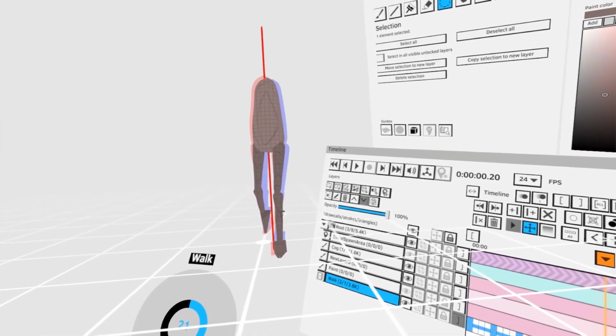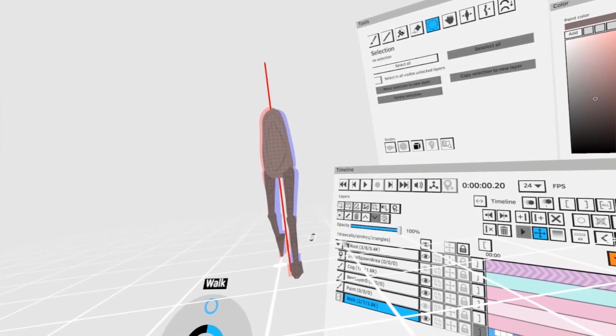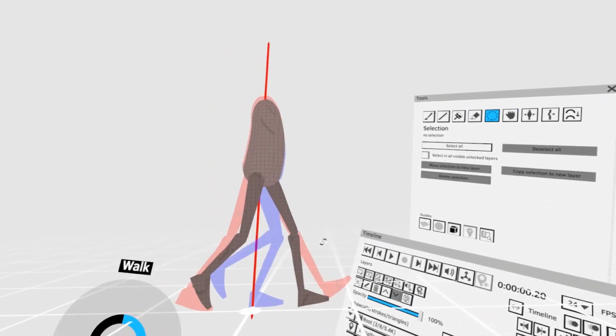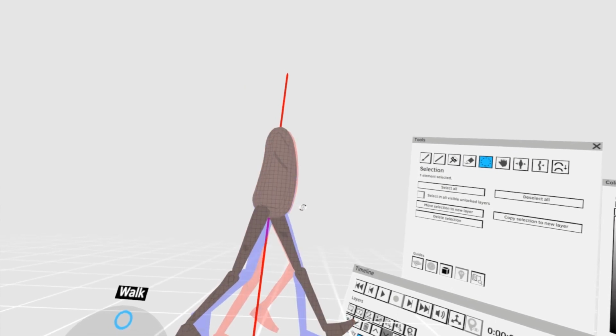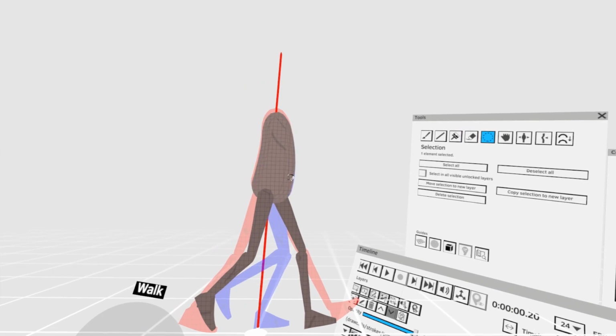So now it becomes the work of fixing this stuff. But we have a good base already. So, and I feel like here should be falling a bit more. Oh no, it's okay.